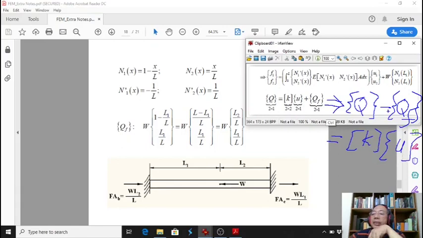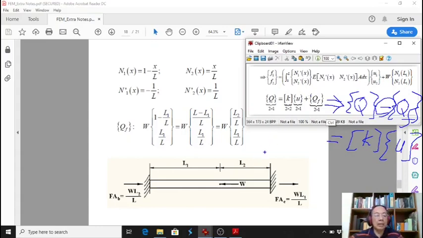So this minus means we need to take the opposite direction from the fixed reaction to transfer to nodal force. That's why in the stiffness method before, we take the opposite direction for the member fixed end moment to transfer to the node.